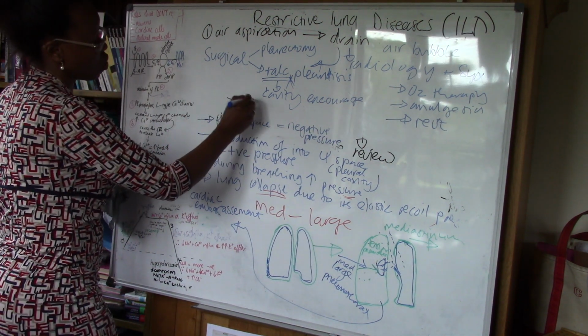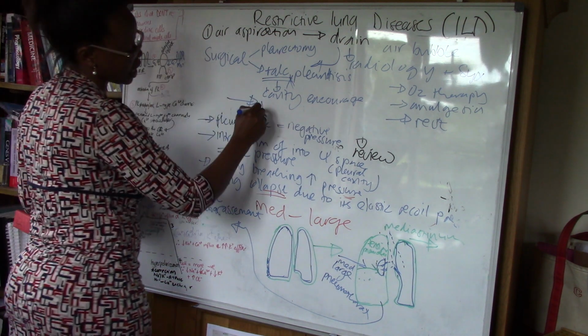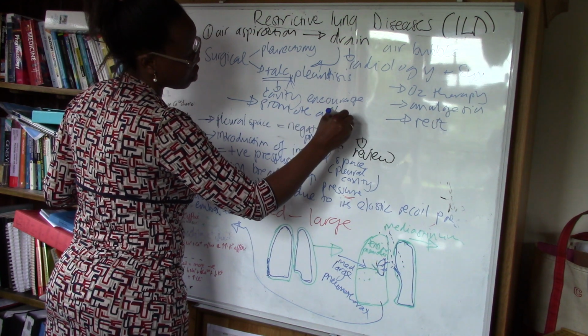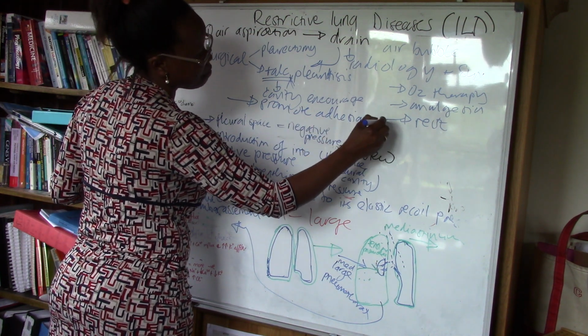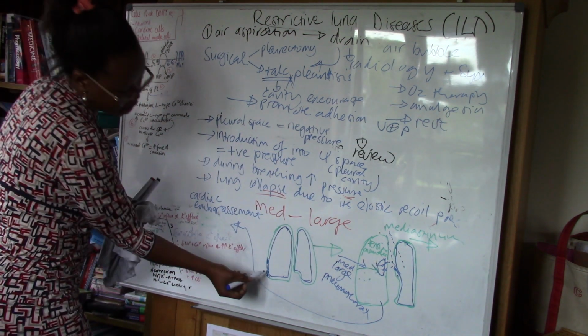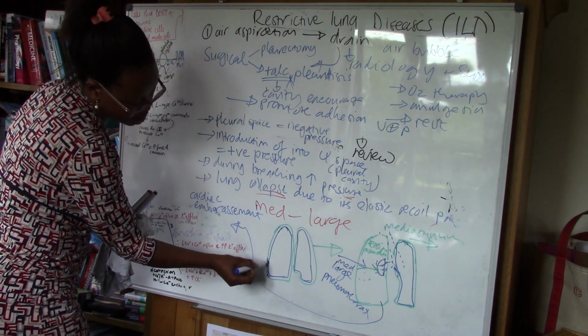So all you are doing really is promoting adhesion of visceral and parietal pleura together, so that that potential space is lost.